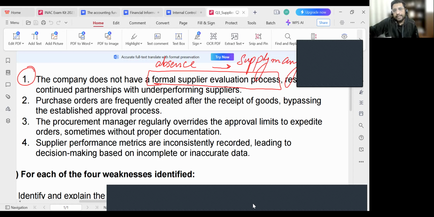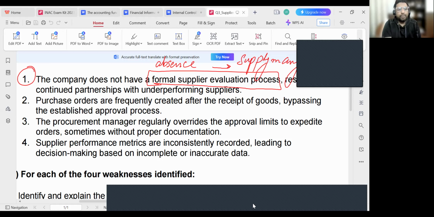But what we can do is just provide a little more detail, right? Because we have to get 2 marks for just identifying the cause of why it is happening. You'd say that no formal supplier evaluation process is the cause of management not focusing on supply management.